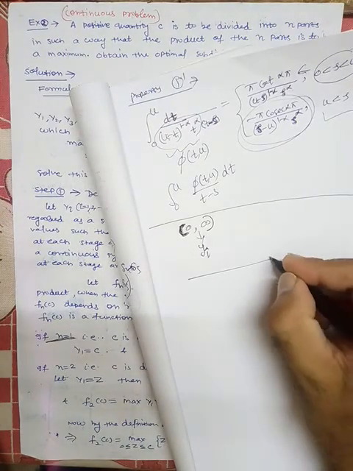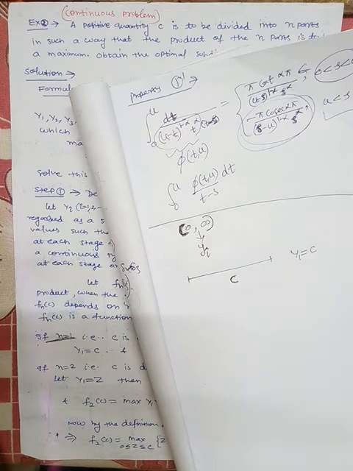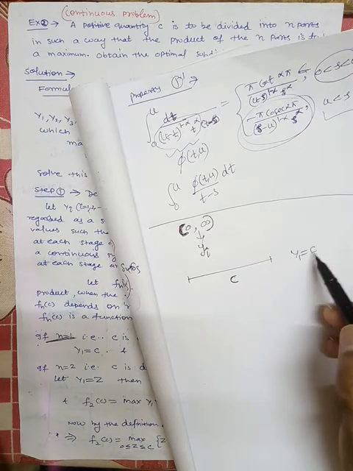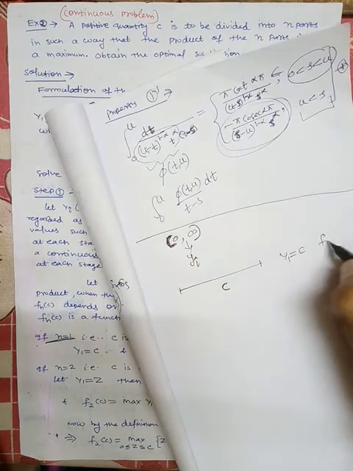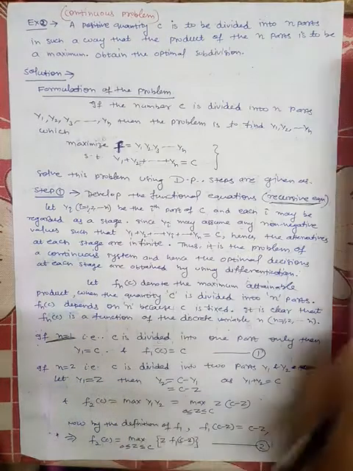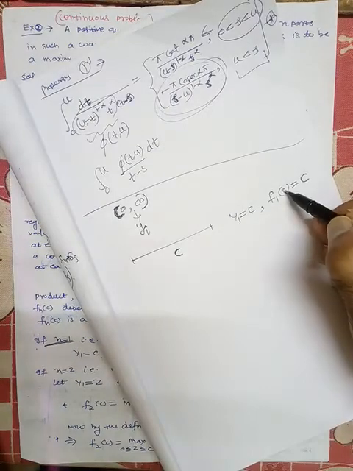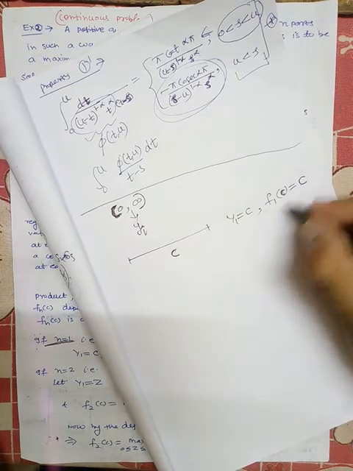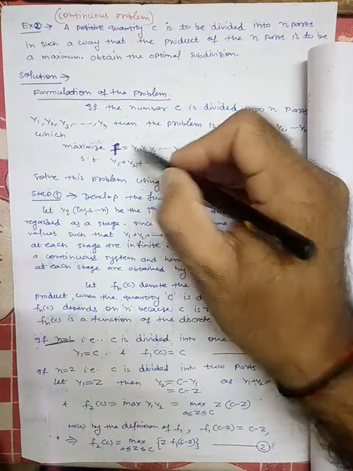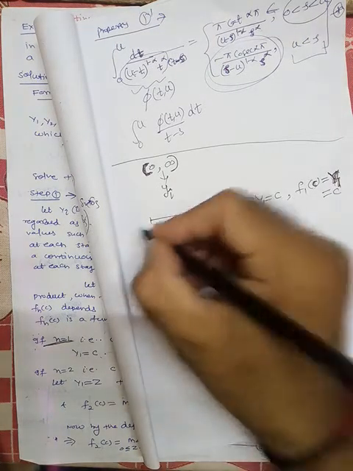Here we assume that the quantity C is taken as a whole, and hence we can say that y1 is equal to C. Only one part, the whole quantity is given to y1, and then what is the product? fn with n equal to 1, single part. So f1(c) is equal to C, because there is only one quantity, and its product is just C. So here we have y1 is C and f1(c) is C. Since there is a single partition, its product value is also C. So this is 1.